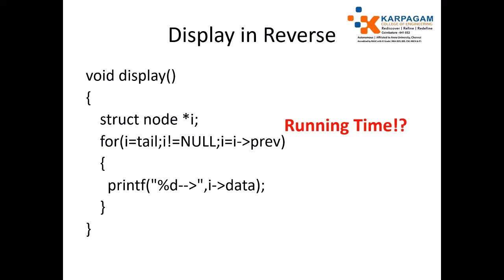For example, if you are in the fifth position, you print 5, then move backward and print 4, and so on. So you can display the data in reverse by using the double linked list previous pointer.